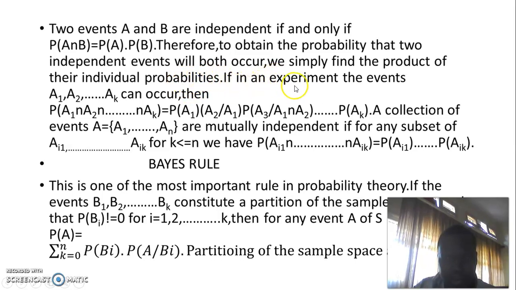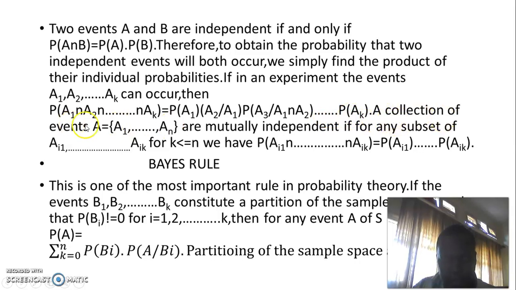If in an experiment the events A1, A2 up to AK can occur, then the probability of A1 intersection A2 intersection up to AK is equal to the probability of A1 times the probability of A2 given that A1 has occurred times the probability of A3 given that A1 and A2 have occurred, up to the probability of AK.